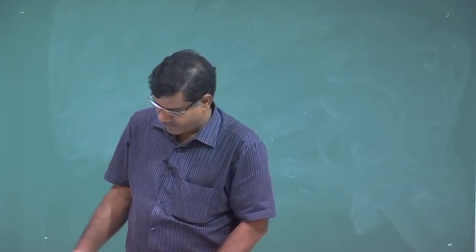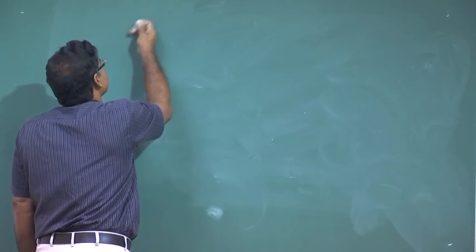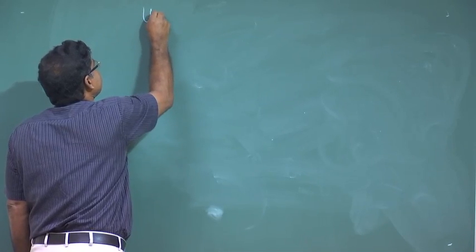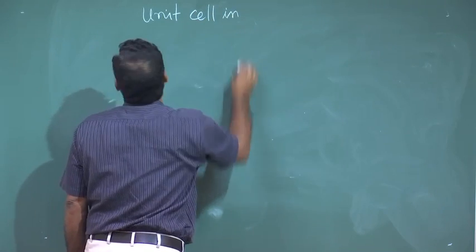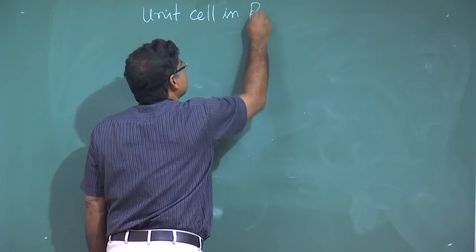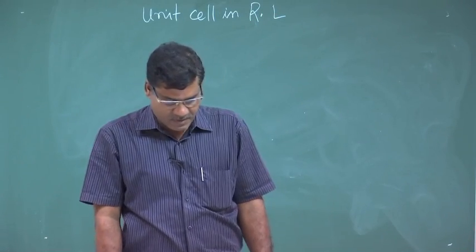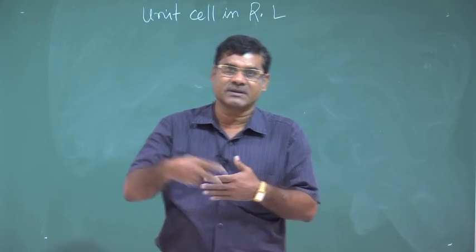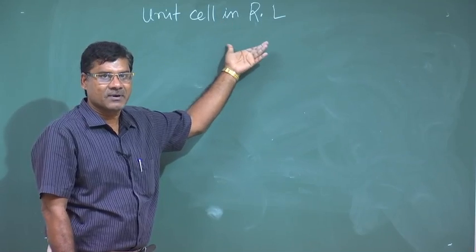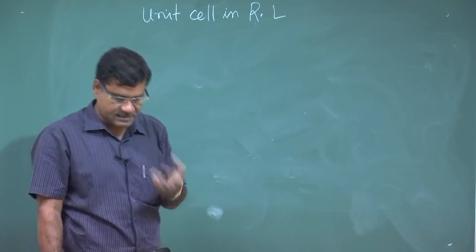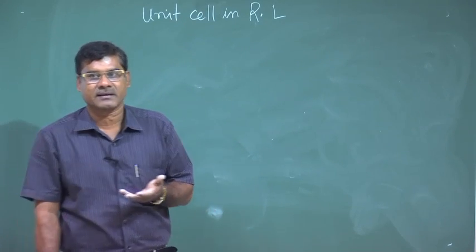So let us see the reciprocal lattice and the unit cell in reciprocal lattice, RL I am writing. Okay. So we are deriving similar things for reciprocal lattice, whatever exists in direct lattice, crystal lattice, real lattice.